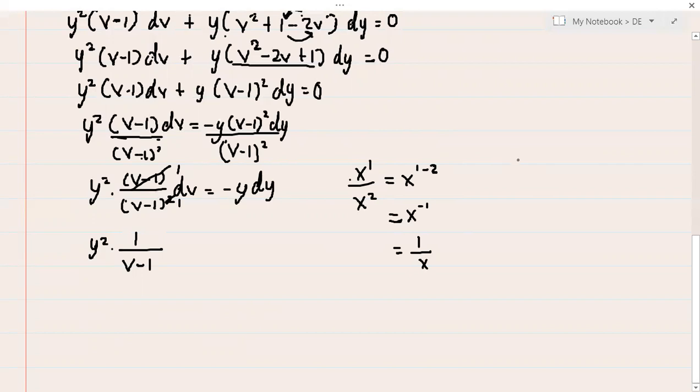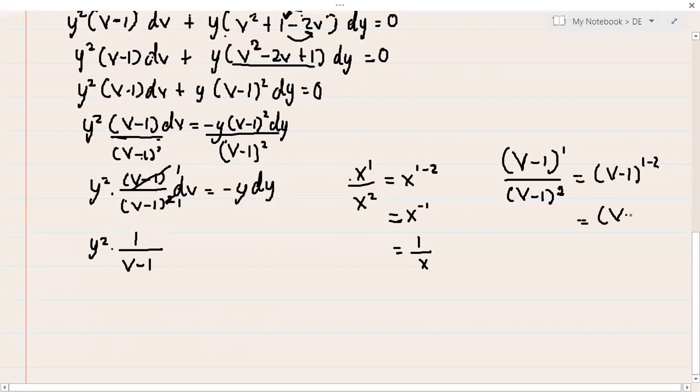Which is the same thing here with v minus 1 all over v minus 1 squared. We can simply rewrite this as quantity v minus 1 raised to 1 minus 2. So this becomes v minus 1 raised to negative 1, which is just the same as 1 all over v minus 1. There you go.